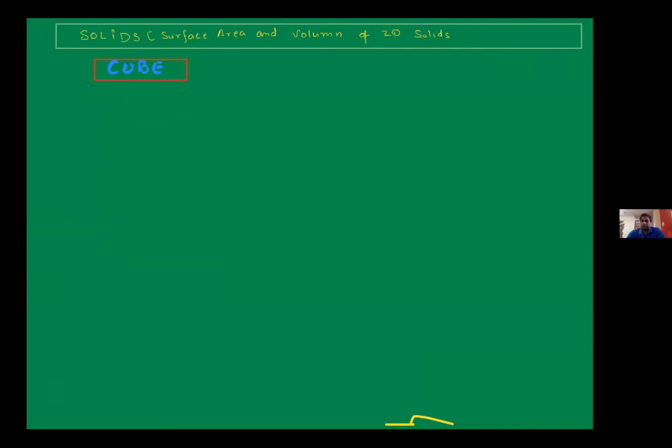Now we will find, in a similar way to how we did for the cuboid, the volume, the total surface area, the diagonal and the lateral surface area. Similarly for the cube, we will find these out. The cube is where each side is the same.